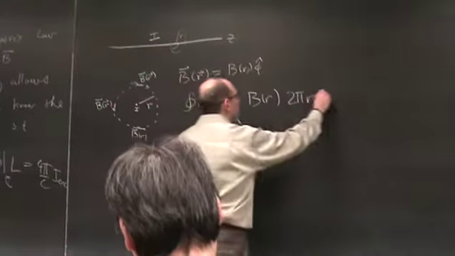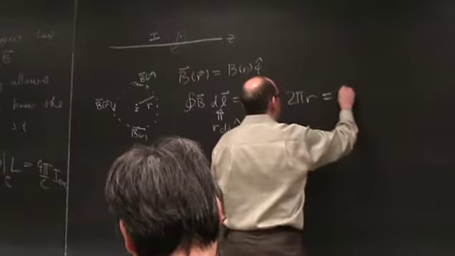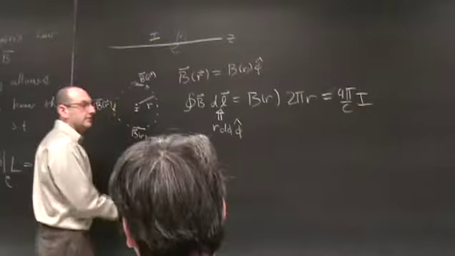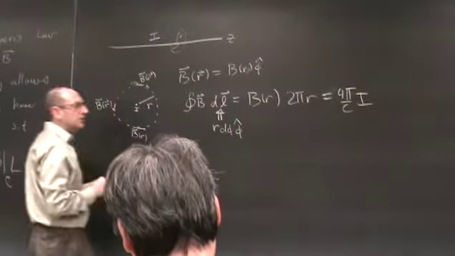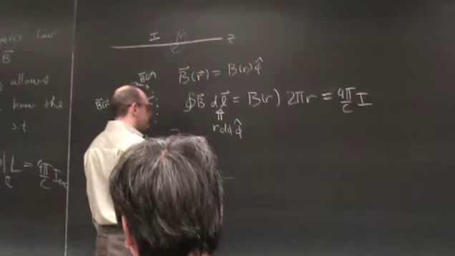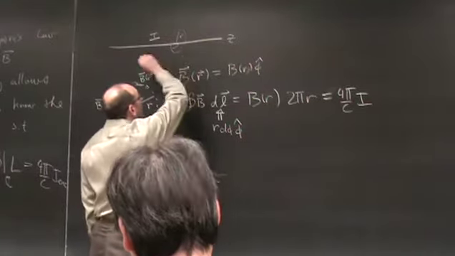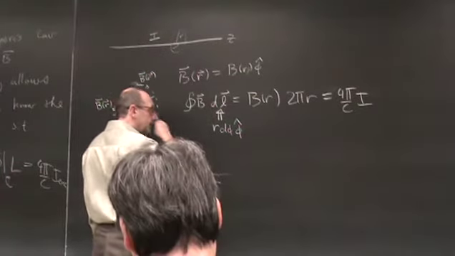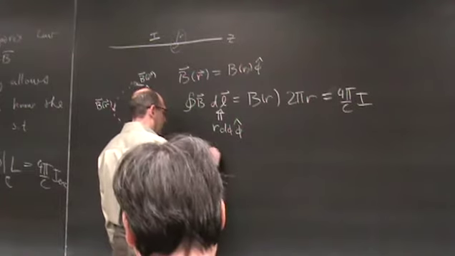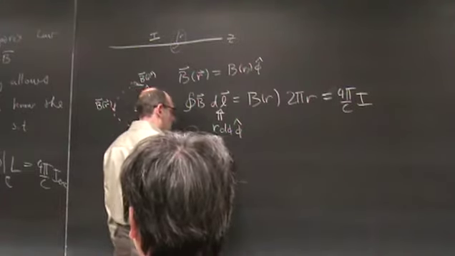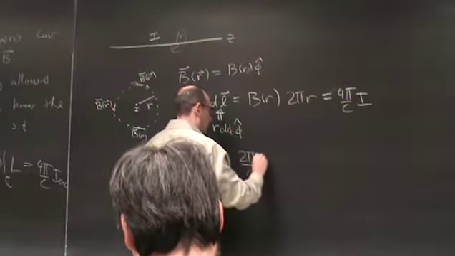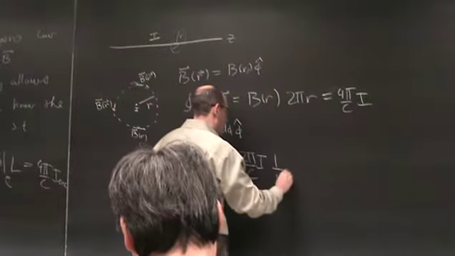And that's equal to 4 pi over c times the current enclosed, which is I in this case, because it's coming out. And so what we find is that the magnetic field associated with an infinitely long wire, B of r, is equal to 2 pi over c times I, 1 over r in the phi hat direction.